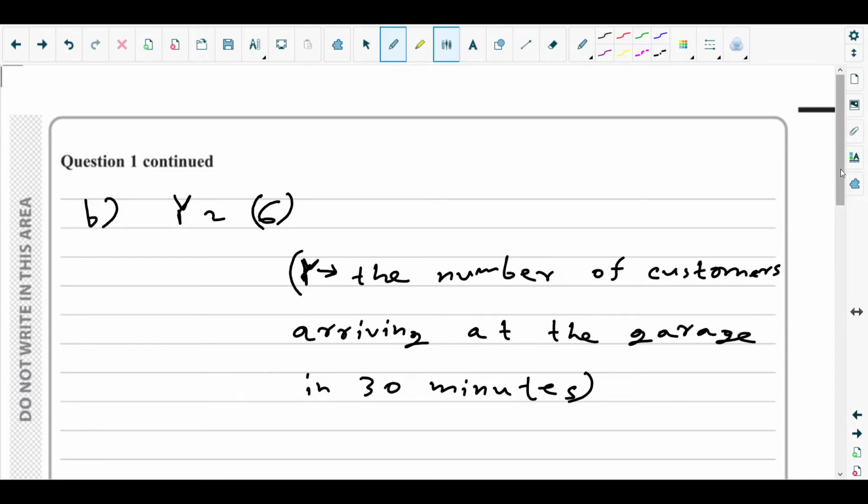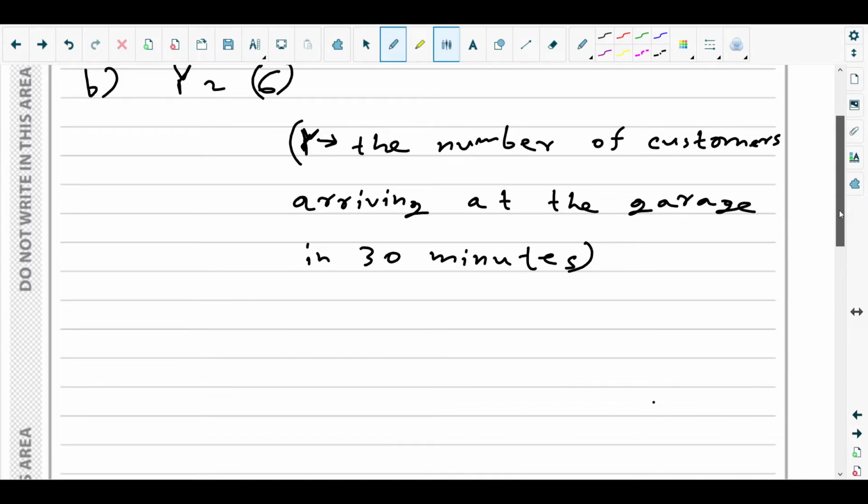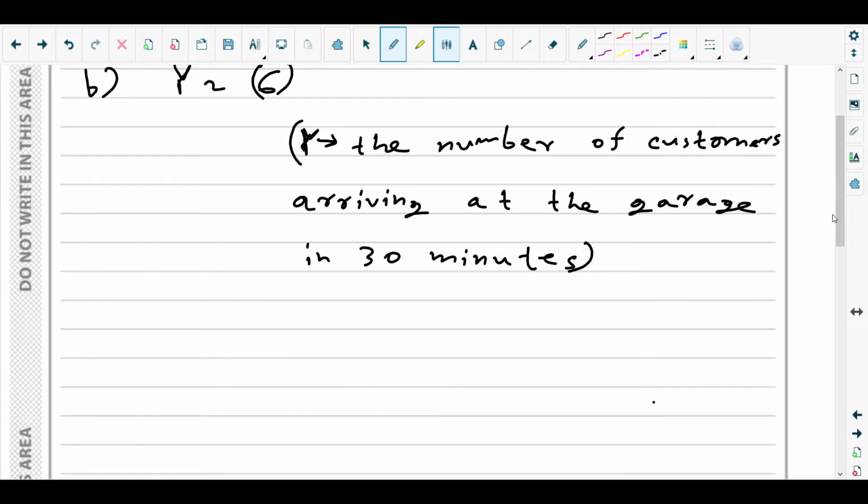We need to find the probability of the number of customers arriving in 30 minutes being between 4 and 7.